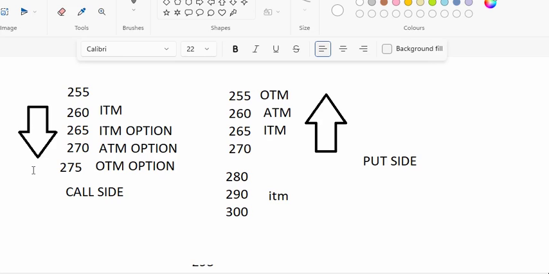Saturday, Sunday, the market, if the price remains at the same price, opens at the same price, the value of the out of the money option, either on put side or call side, will be decayed, will be lower than the closing value of previous day, right? So is it good to buy the option or is it good to sell the option?